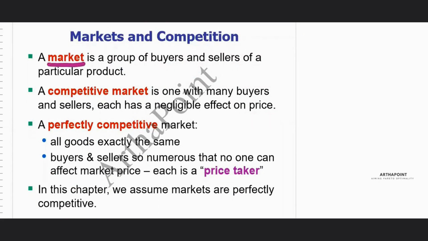In economics, a market is any place where buyers and sellers meet. A market can be a physical market. For example, when you go to the vegetable vendors, a market can be that cafe where you go and eat food.